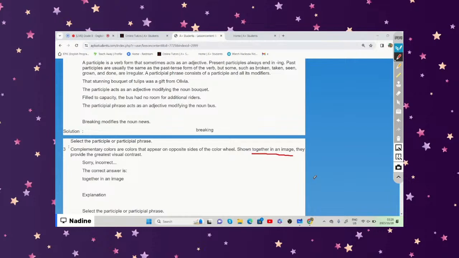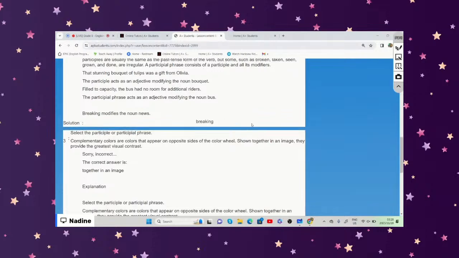And that is a participle phrase, together in an image. So it's shown together in an image. So they provide the greatest visual contrast. So together in an image is the participle phrase.